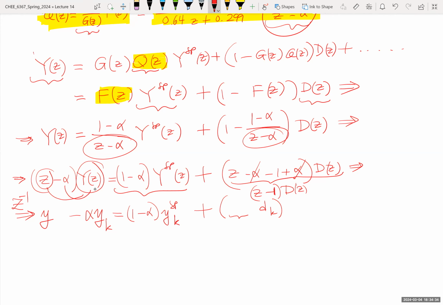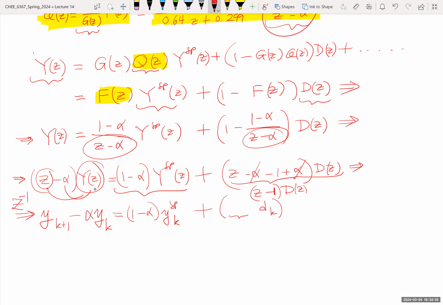It's also in the notes on page 16. So this is what my closed loop is going to look like.